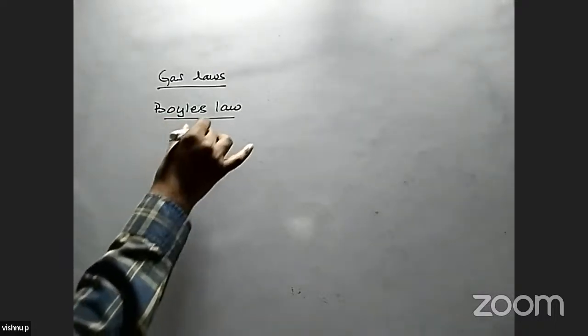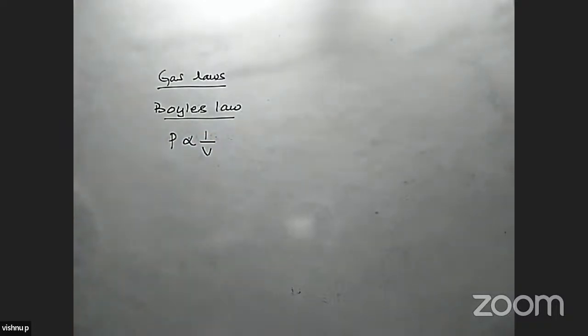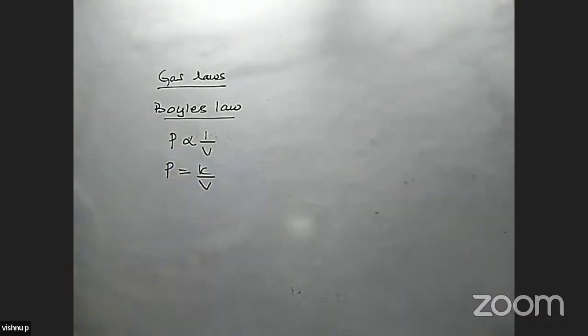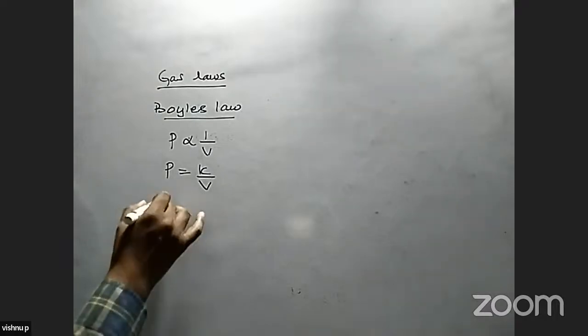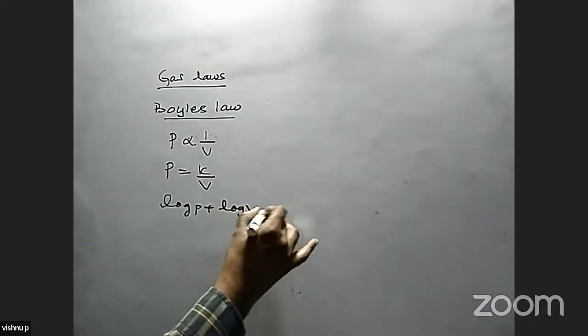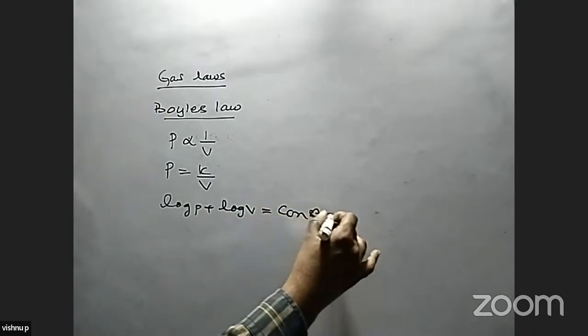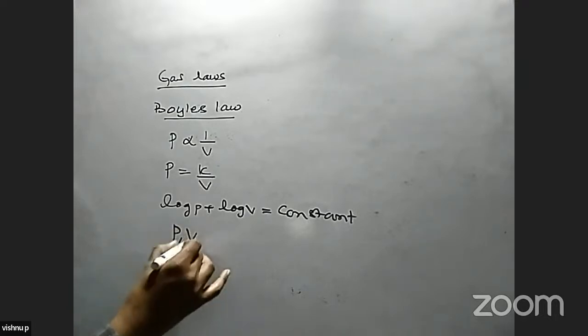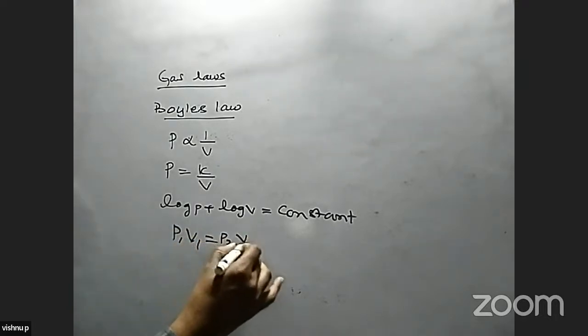We get a relation between pressure and volume. According to Boyle's law, pressure is inversely proportional to volume, or P is equal to constant by V, or log P plus log V is equal to constant, or P1 V1 is equal to P2 V2.